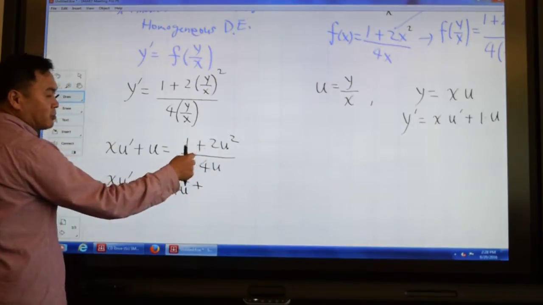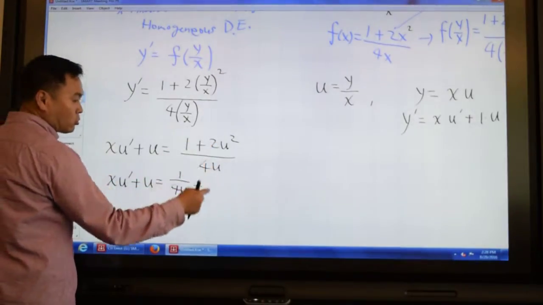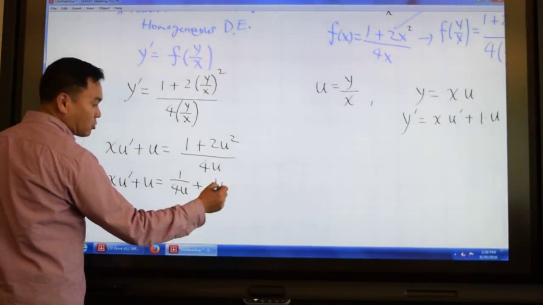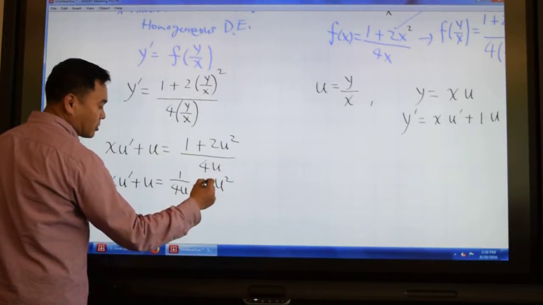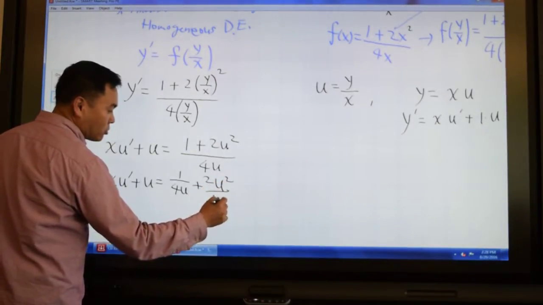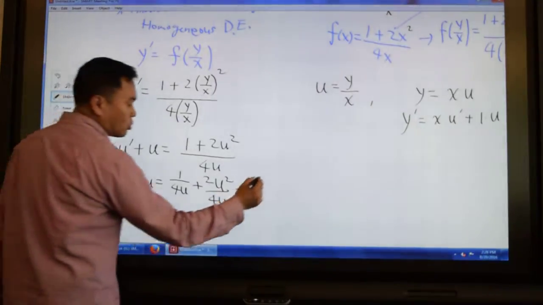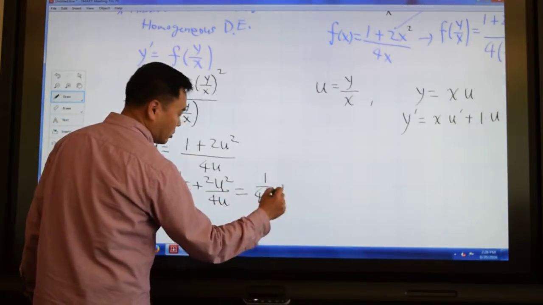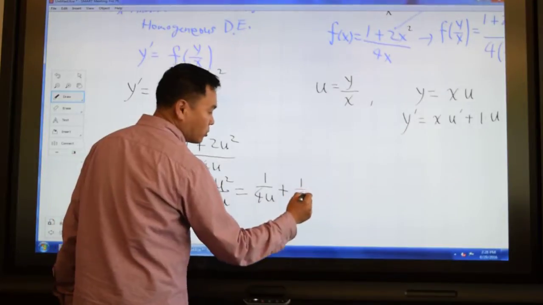I can split this fraction into two: 1 over 4u and 2u squared over 4u, which is 1 over 4u plus 1/2 u.